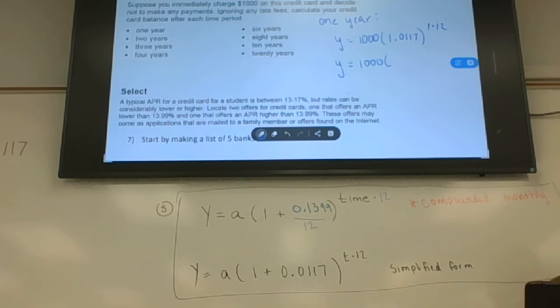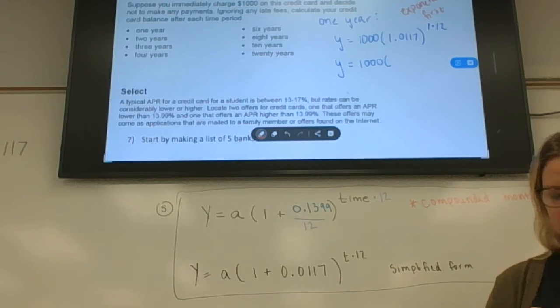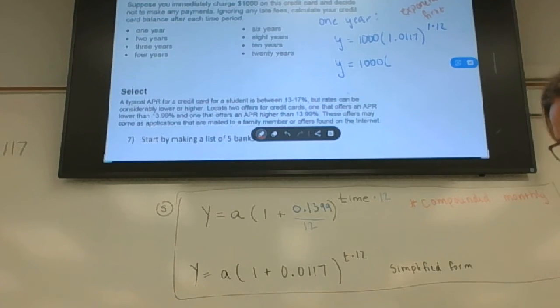The first thing I do in my calculator is exponents. This is why you guys have a calculator today. We're going to do 1.0117 to the 12th power, and then multiply that by 1,000.